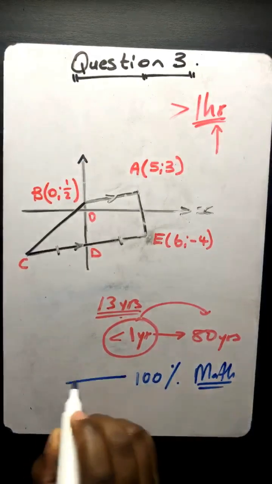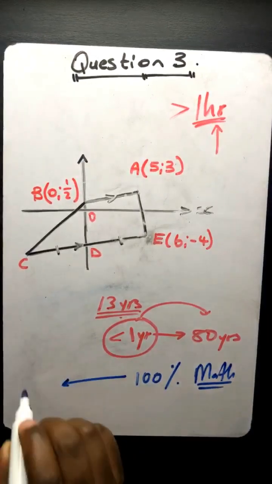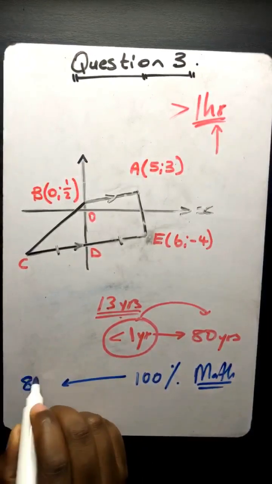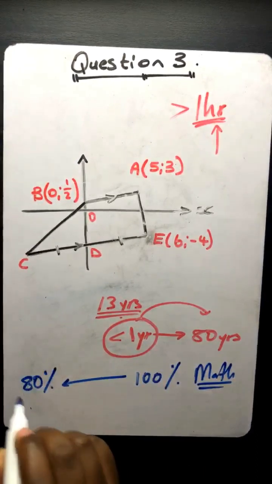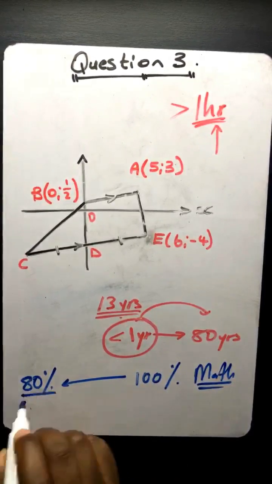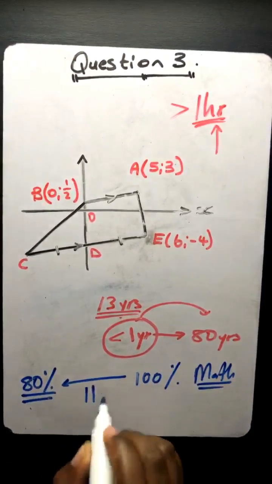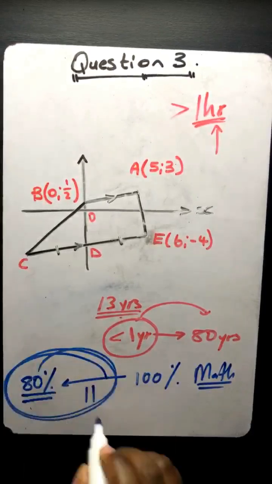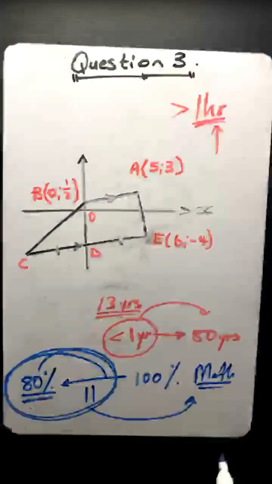But when you go to grade 10, you will find that the maximum was maybe 80% or otherwise less, which is an indication that grade 10 and 11 are a bit tricky and difficult, but grade 12 is the easiest of them all.